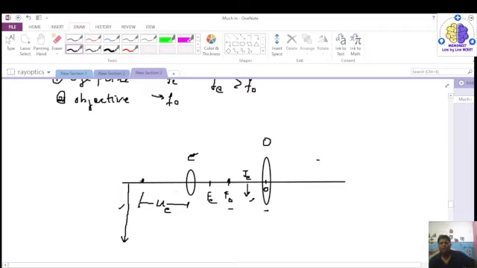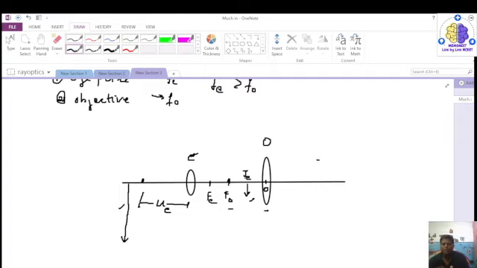I repeat, the object distance for the eyepiece is adjusted in such a way that the real image formed by the eyepiece falls at a point which lies between the focus and optical center of the objective, right? This is the reason why we take the focal length of the objective small, so that the real image formed by the eyepiece easily falls between the objective focal length and optical center of the objective.